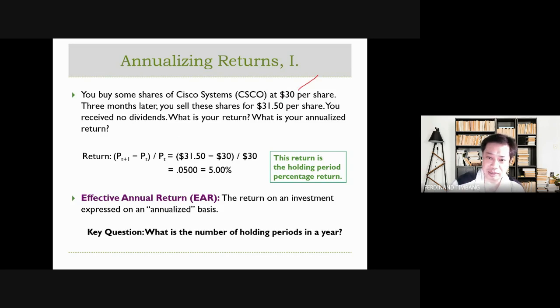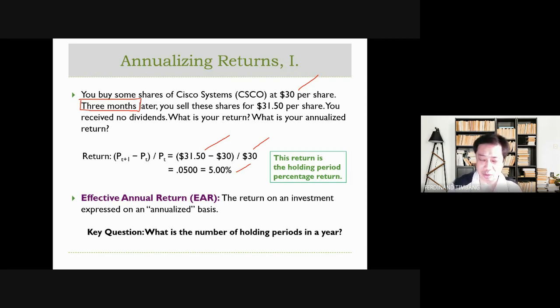And then 3 months later, so take note of 3 months, you sell these shares for $31.50 per share. You receive no dividends. So what is your return and what is your annualized return? For you to get the return, meron tayong $31.50 minus $30, all over $30. So you get 5%. Anyway, the 5% is actually the return for the quarter.